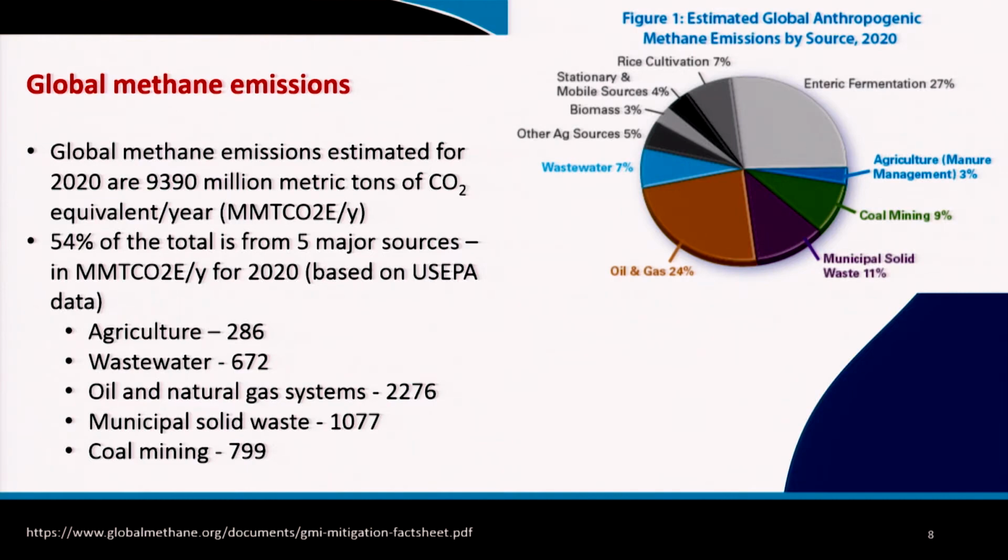What you can see in this pie chart is that out of the sources of methane emissions that can be controlled, the biggest one is oil and natural gas systems. Anytime you pass by oil refineries or natural gas handling refineries, you will probably notice that many of them have fires at the top of their stacks.